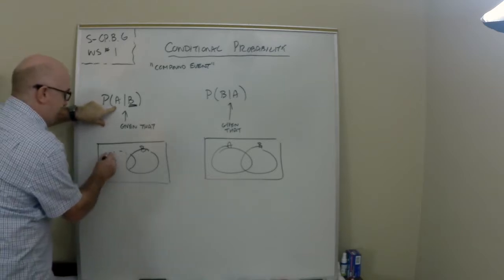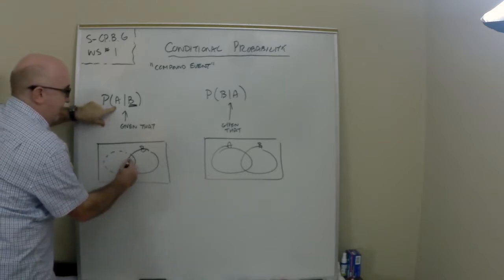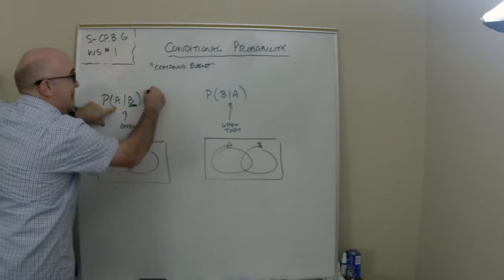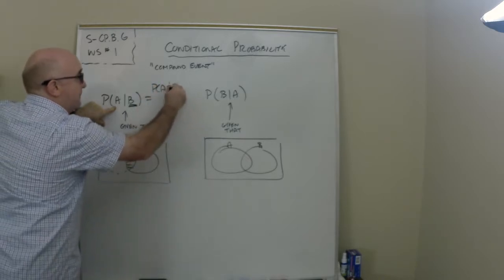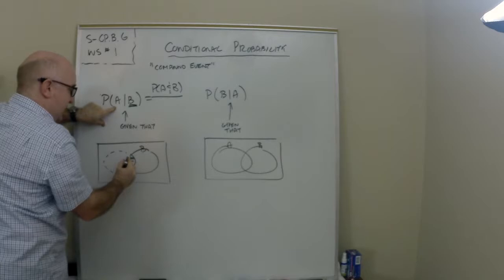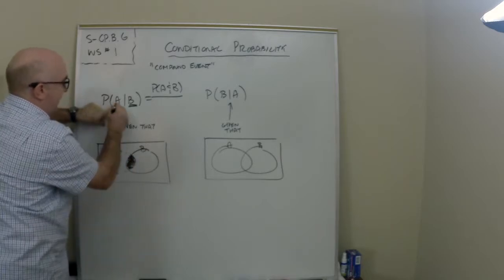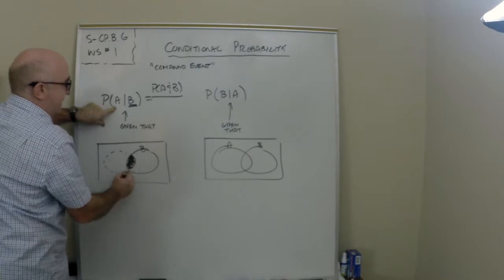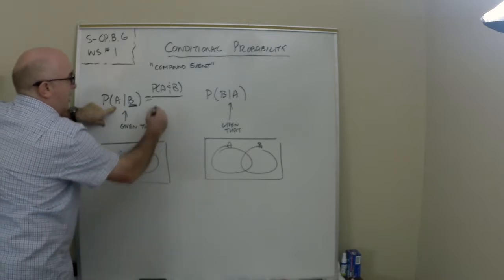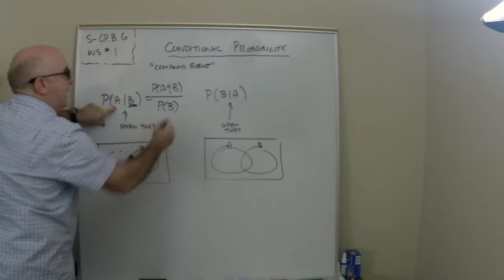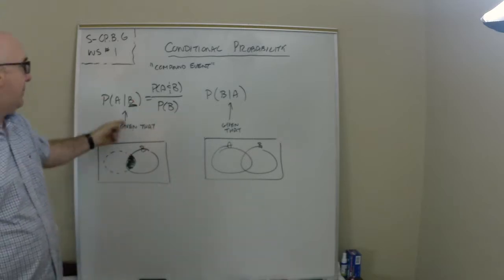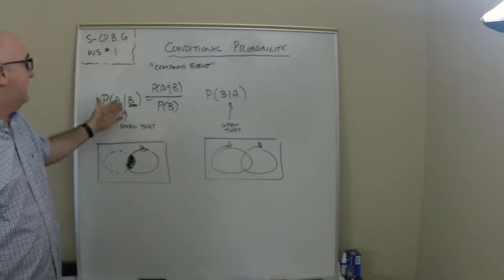Now, most of A got zapped there, but this area, which is the intersection, A and B, is the only region that still could get you any A values. So your chances of getting A now is the intersection over that whole region. This is how you calculate the probability of A given B.